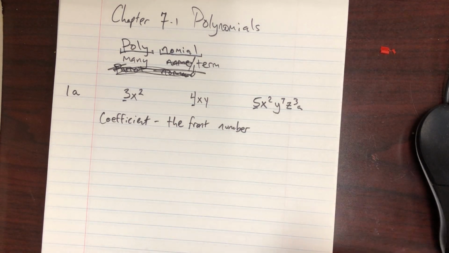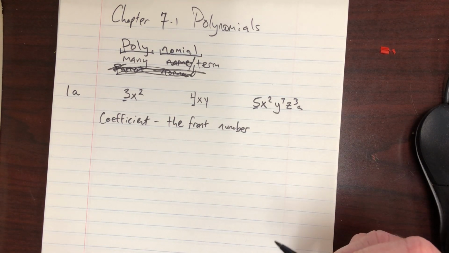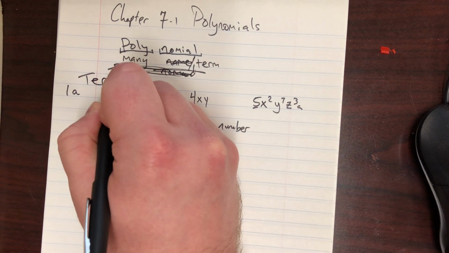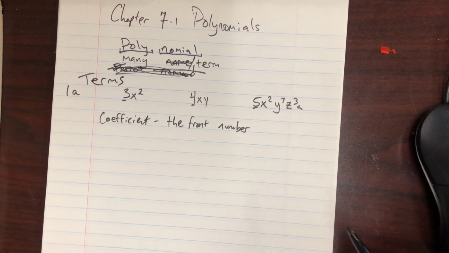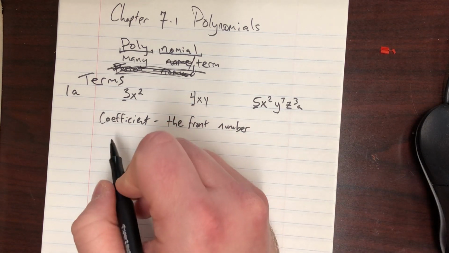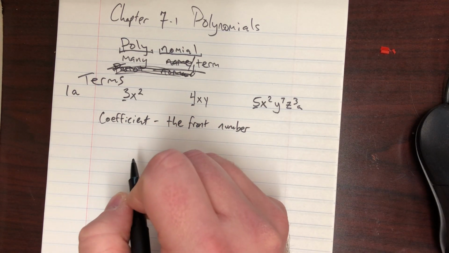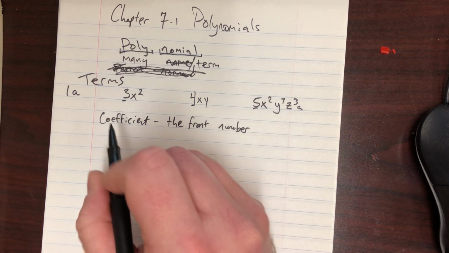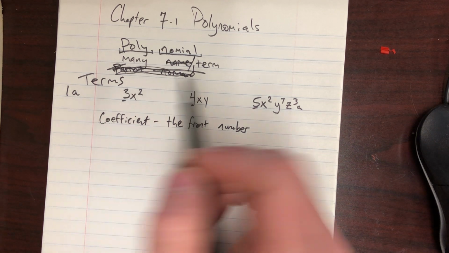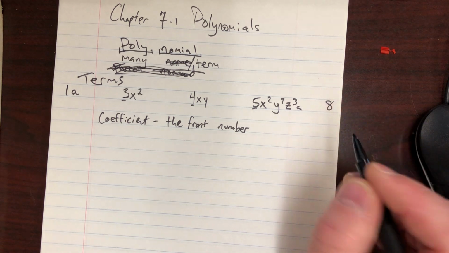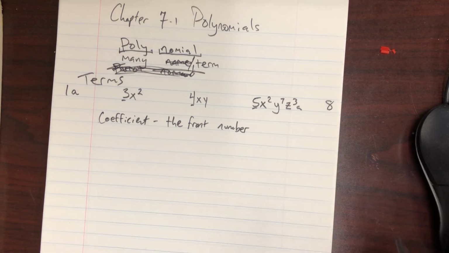Okay, now we have to talk about what makes these things terms. These are all terms, and terms are a coefficient with or without variables. So like here's another term, 8. There's another term. These are all terms.